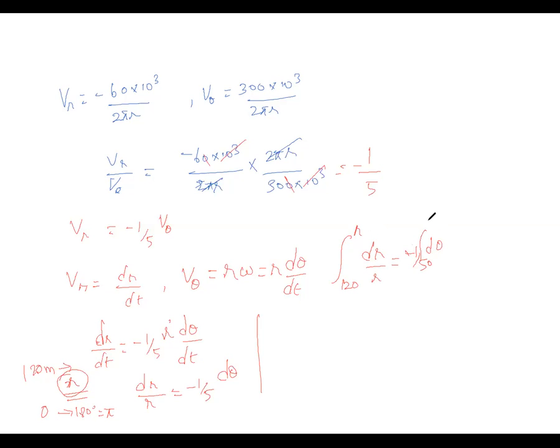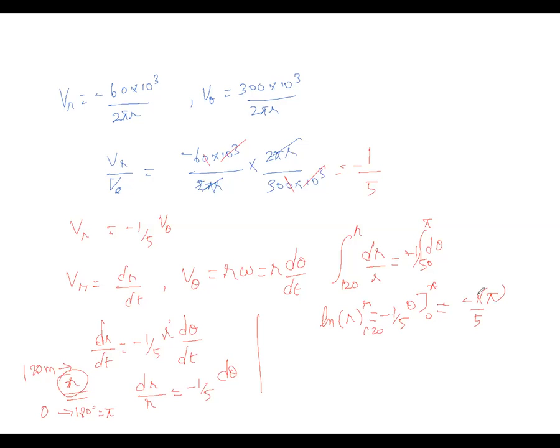The limit is 0 to pi. That gives ln r over the limit 120 to r equal to minus 1 by 5 pi.